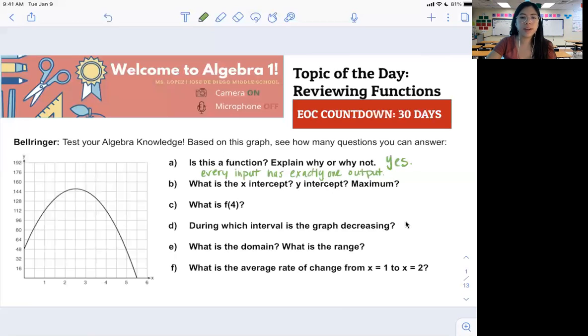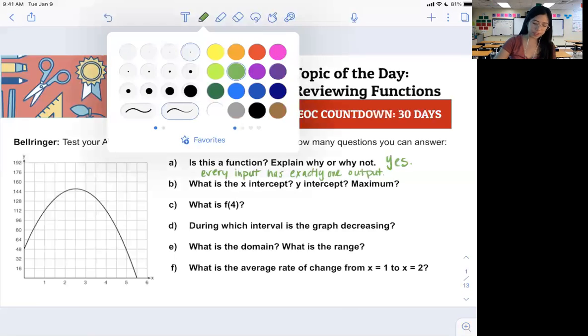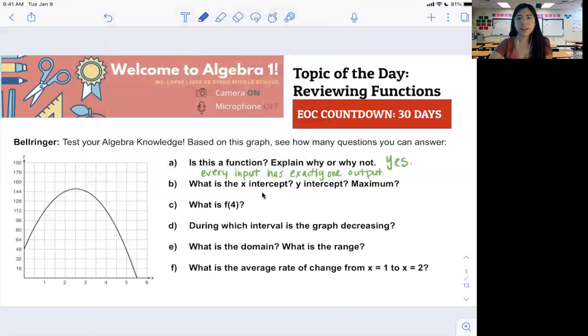Example B, what is the x-intercept, y-intercept, maximum? This should feel pretty good because we just did all this. So shout it out, put it in the chat. X-intercept, good, 5.5. Y-intercept, 48, good. And the maximum, I saw Guillermo. Good, 146, that looks about right.